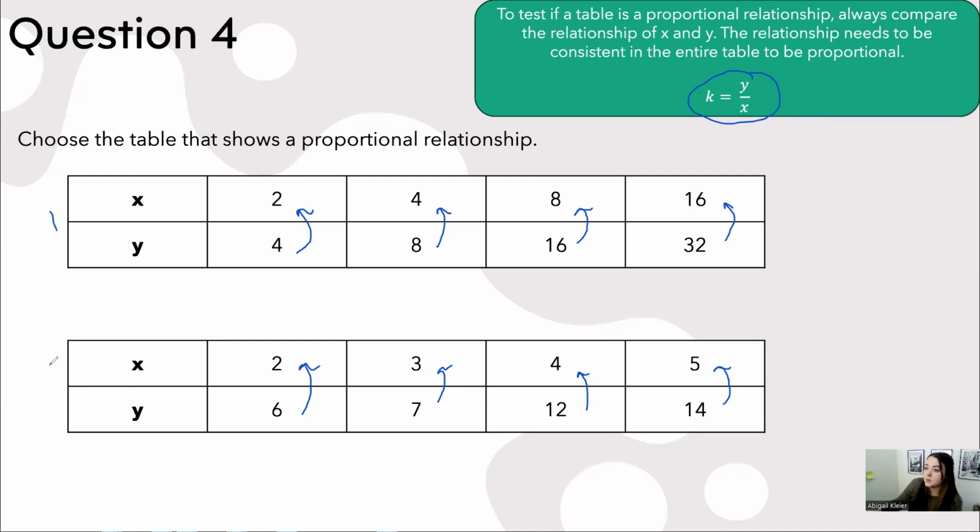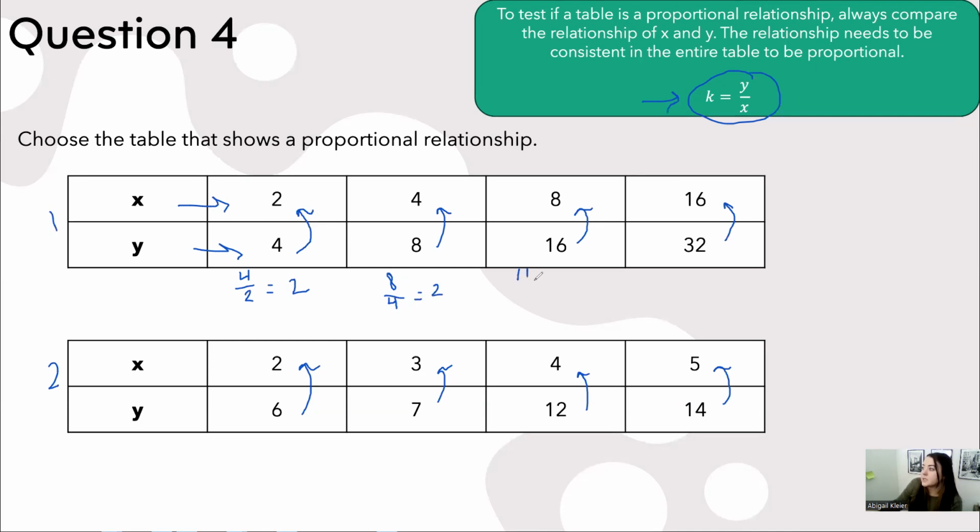So we've got table number 1 and table number 2. Using that formula of k equals y over x, I'm going to take this first table. My y value is 4, my x value is 2. So I have 4 over 2, which equals 2. Next, I have 8 and 4. 8 divided by 4 is 2.